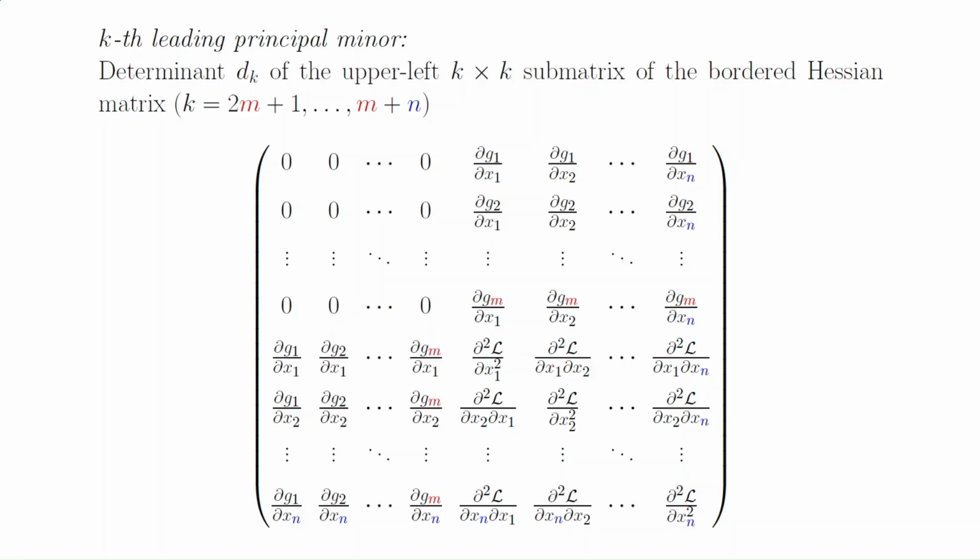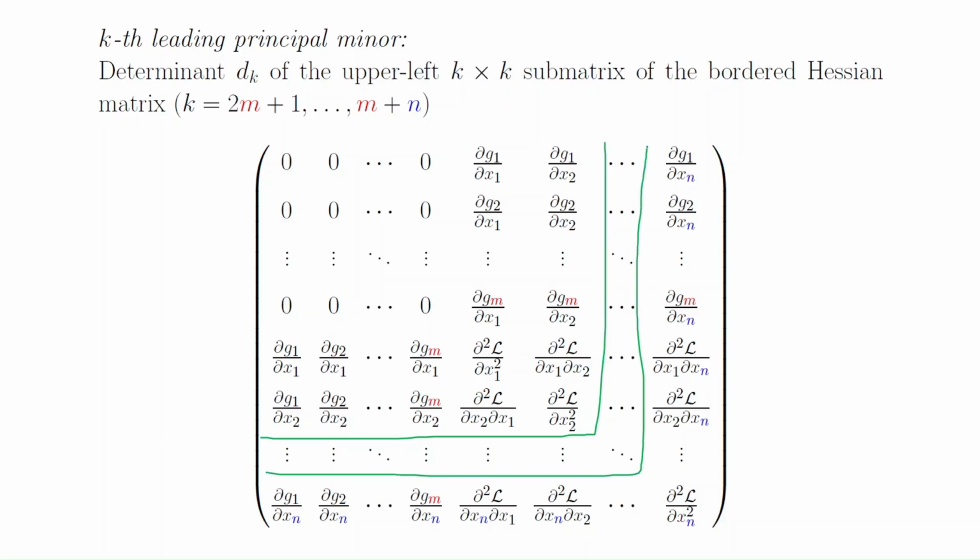We must compute the determinants of submatrices of this form. However, we will only need to calculate the leading principal minors from the one of order 2m plus 1 to the one of order m plus n, which is the determinant of the full bordered Hessian matrix.